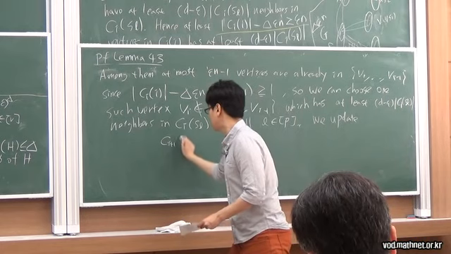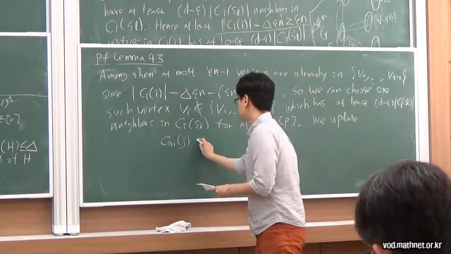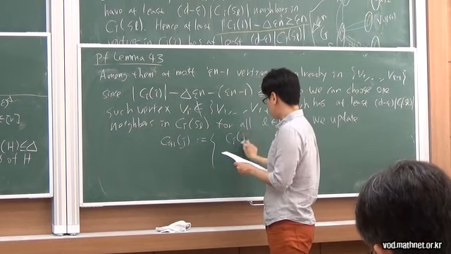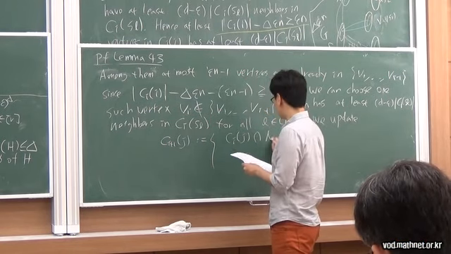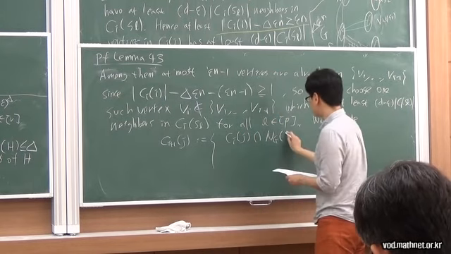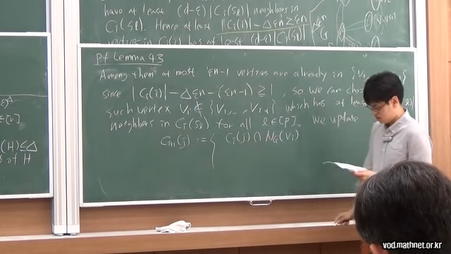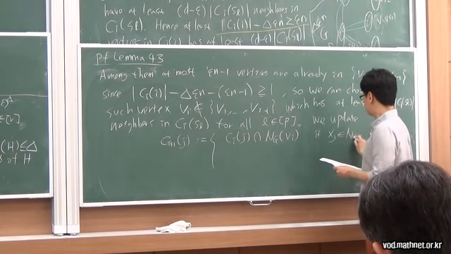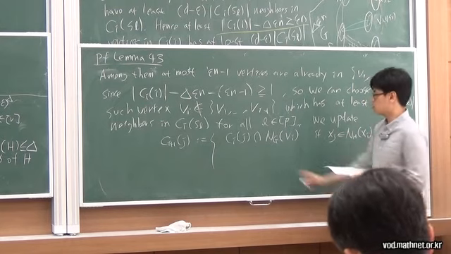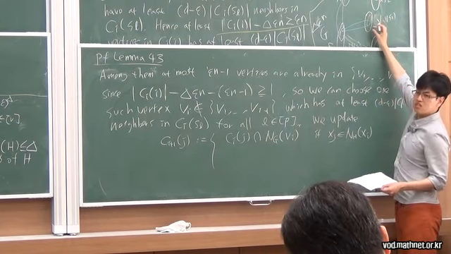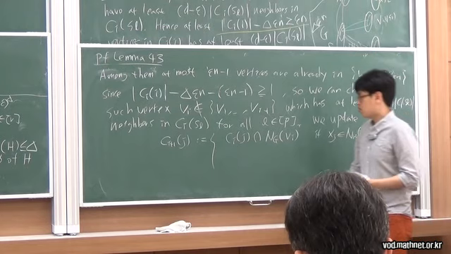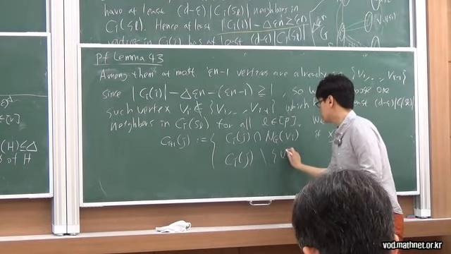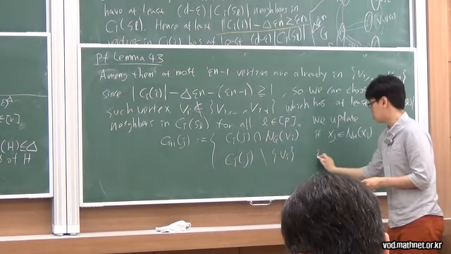So C sub I plus 1 J is either C sub I J intersected with the neighborhood of this p sub I if this Xj is a neighbor of this Xi. So this is exactly what we did in here, right? And then if not, we just delete Vi because it's already taken.